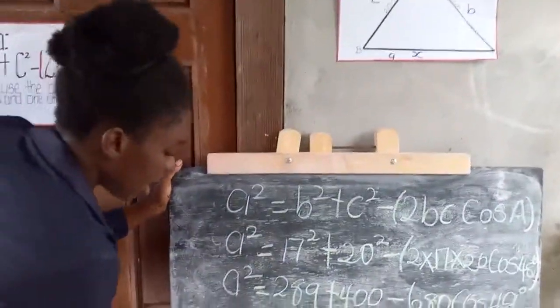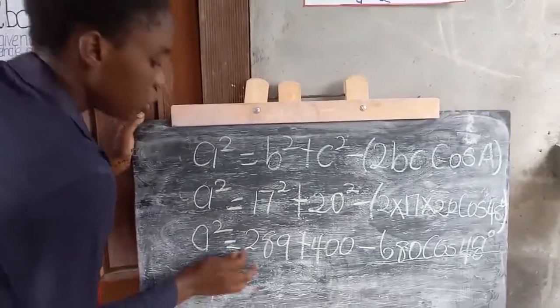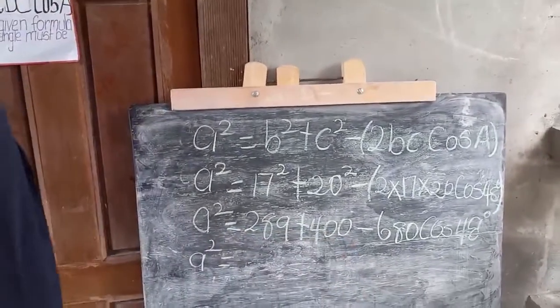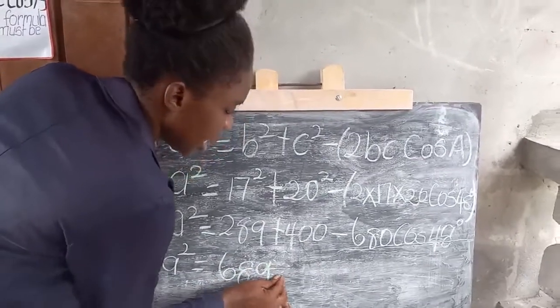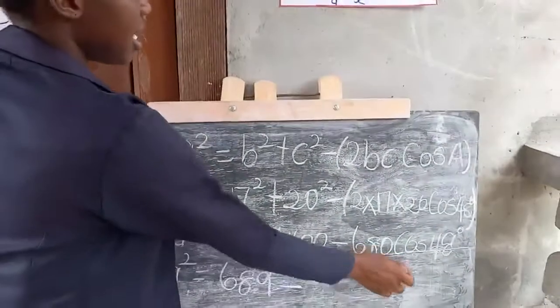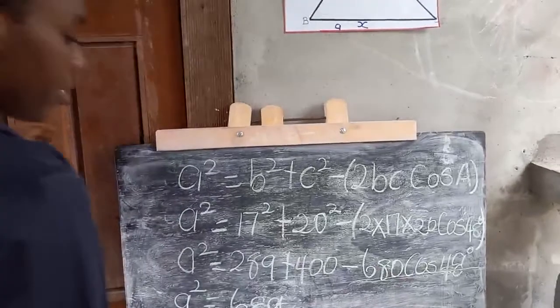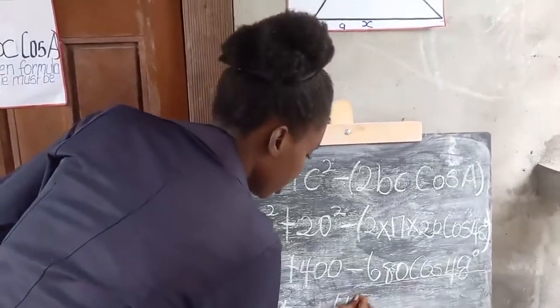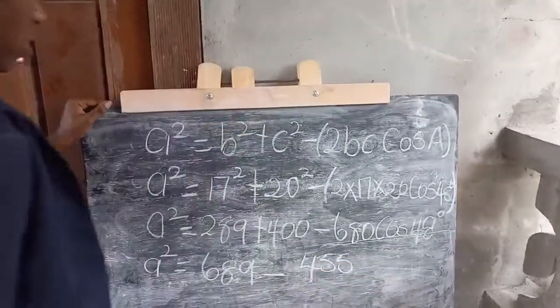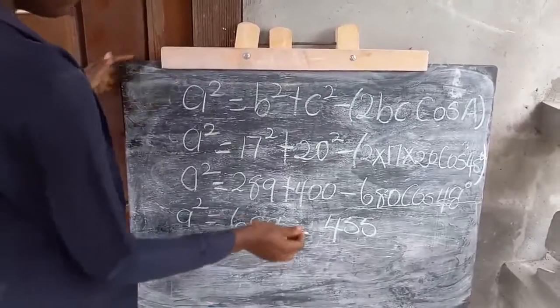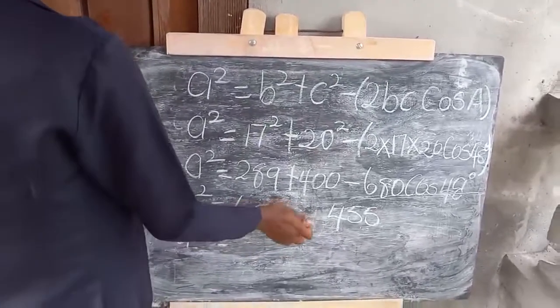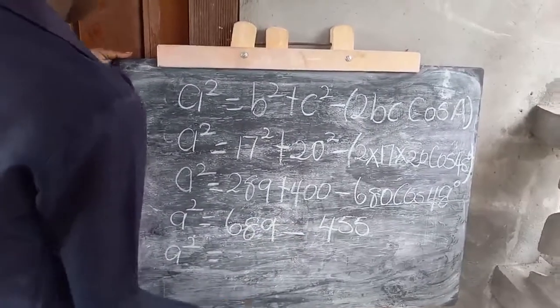So a squared: 289 plus 400 gives us 689, minus 680 times cos 48. We're going to get 455, right? So a squared is going to equal 689 minus 455.